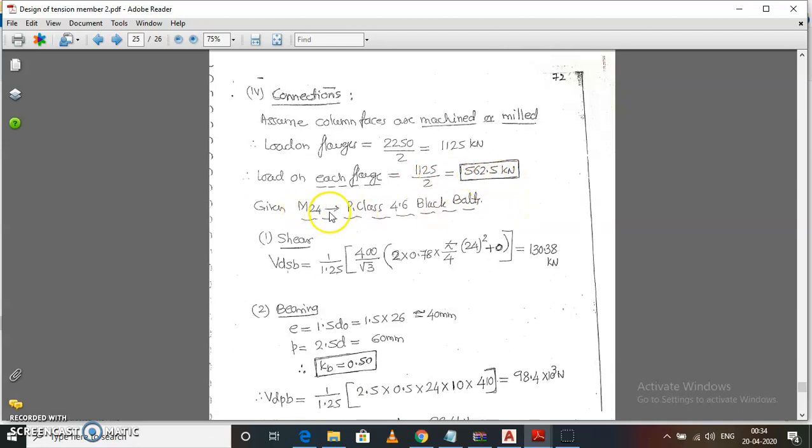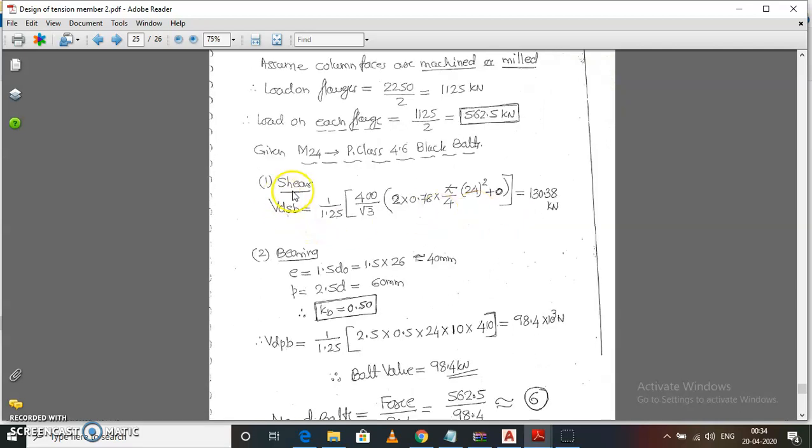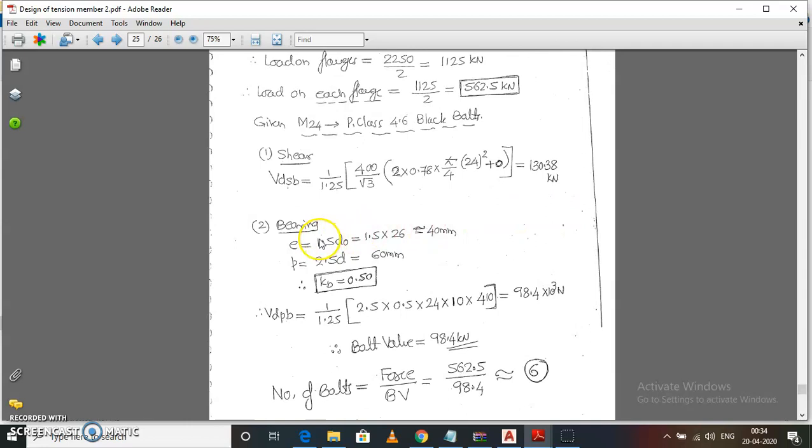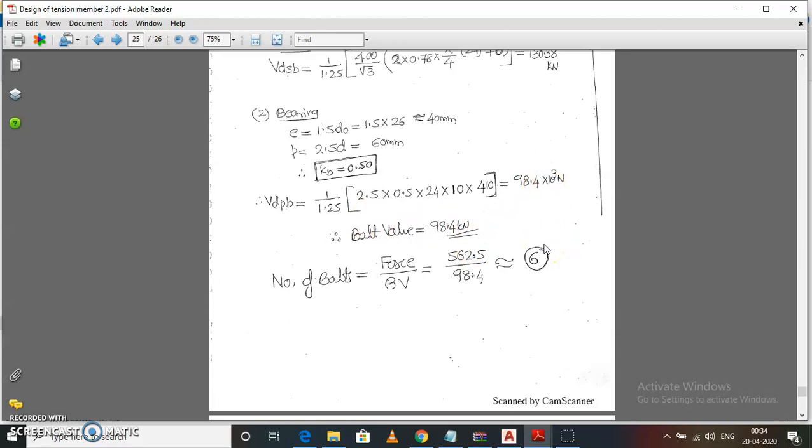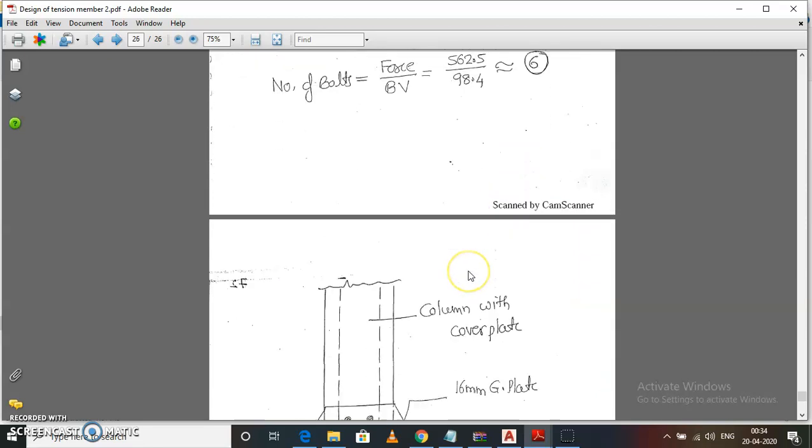Given M24 property class 4.6 black bolts, the shear strength of these bolts can be calculated as 130.38 kN, whereas the bearing strength is 98.4 into 10 power 3 Newton, that is 98.4 kilonewton. Therefore, the bolt value is 98.4 kilonewton. Number of bolts is equal to 6 numbers.